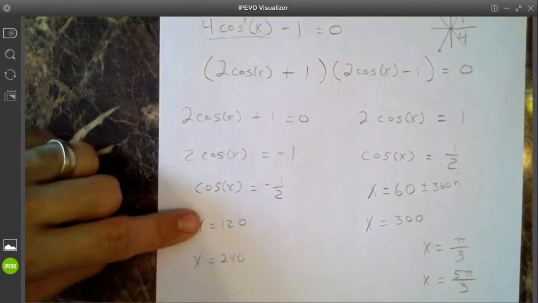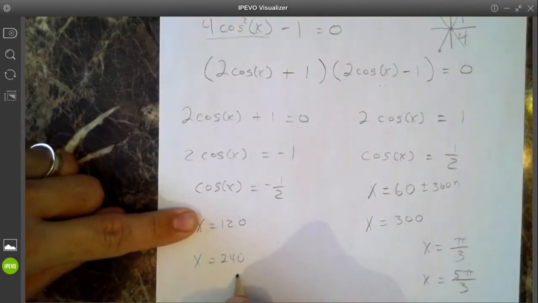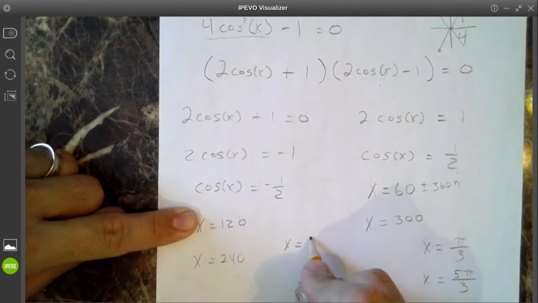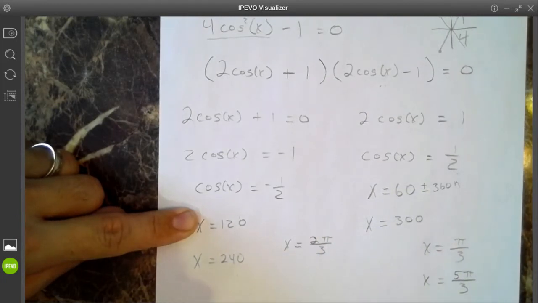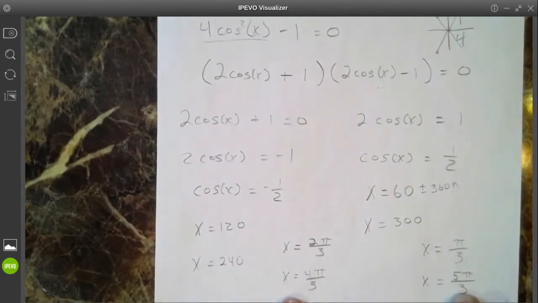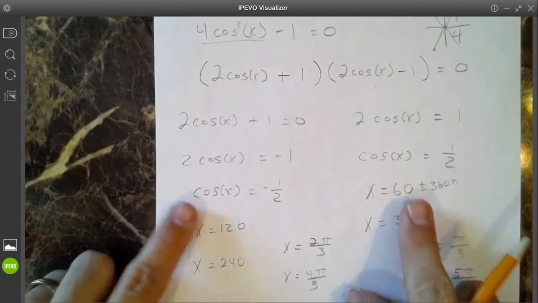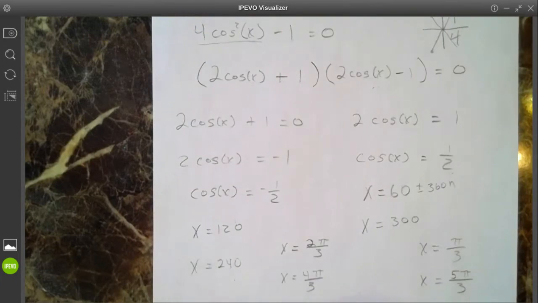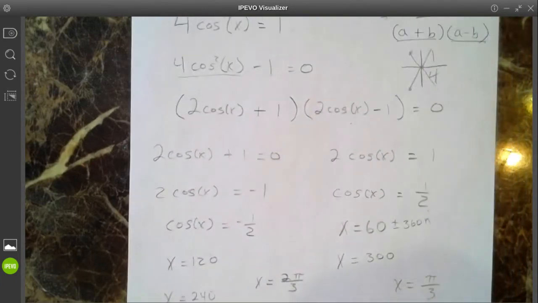And then for 120, write that here. 120 would be the same as 2 pi over 3. And then for 240, that would be equal to 4 pi over 3. All right, so you got your answers now in radians, which are way better, and you have them in degrees. You just got to add that plus or minus 360 part.